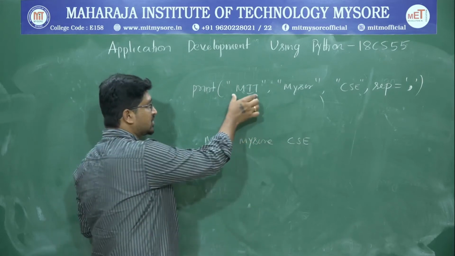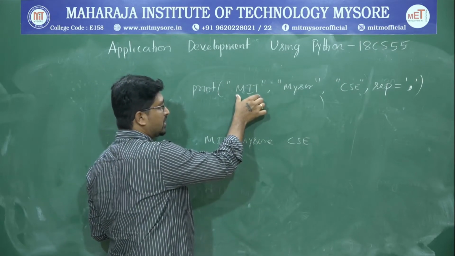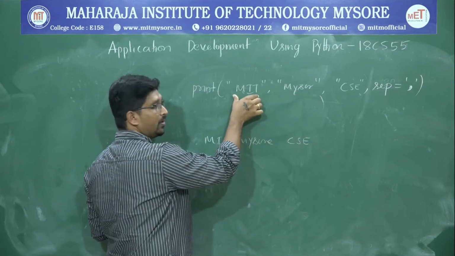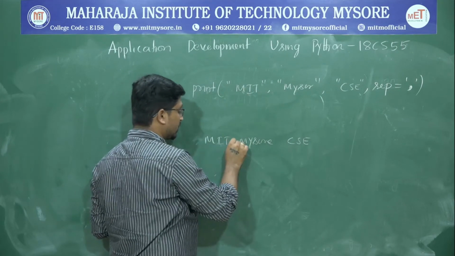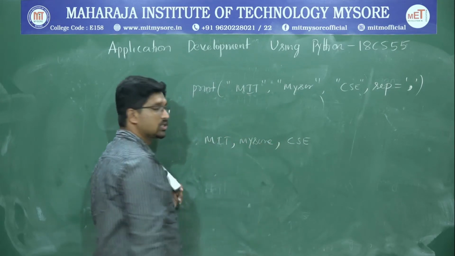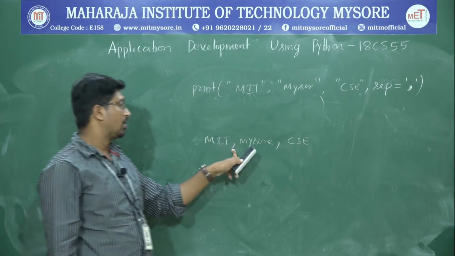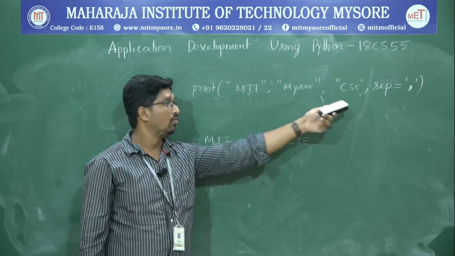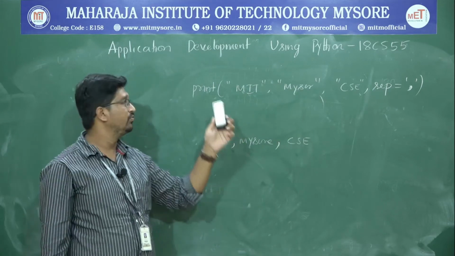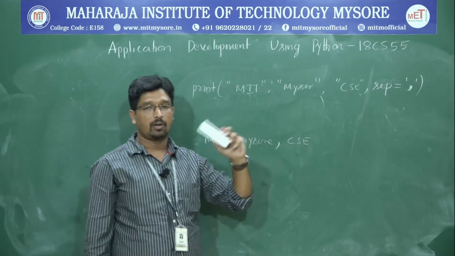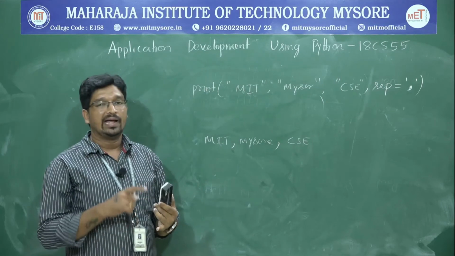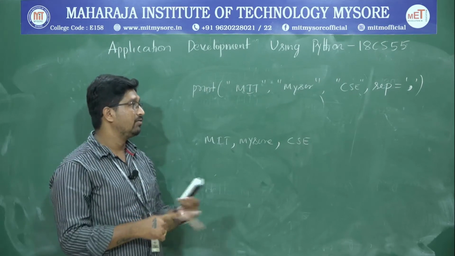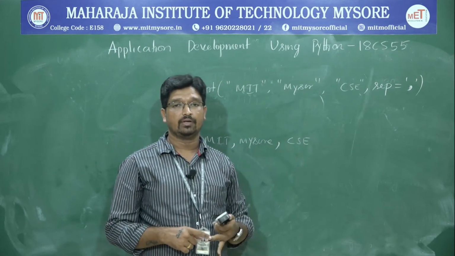Then each time it executes the statements, it puts a comma between the individual strings: MIT comma Mysore comma CSE. So these are the two keywords we use with a print statement. First keyword is the end keyword, second keyword is the separator keyword.